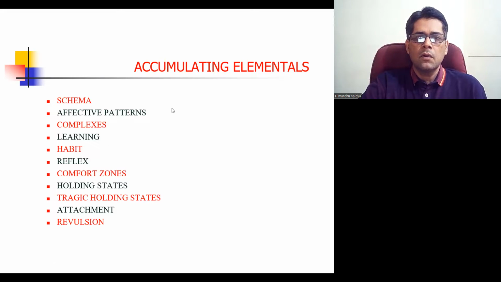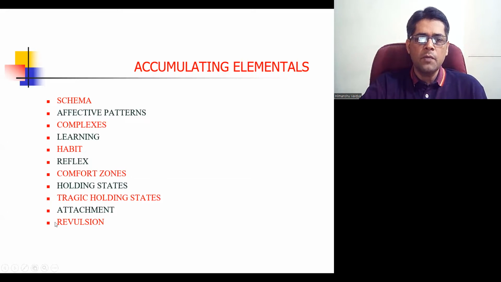So what are the different types of accumulating elementals? Schemas or templates, affective patterns, complexes, learning, habits, reflex actions, comfort zones, holding states, tragic holding states, attachment, revulsion to certain things, certain objects.